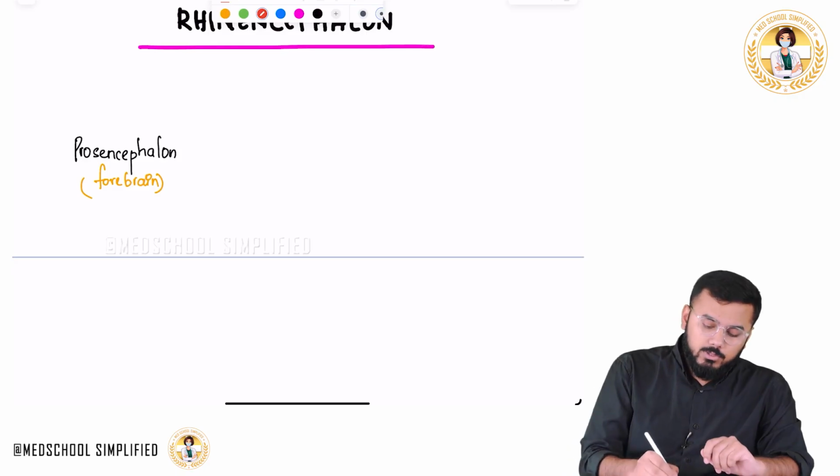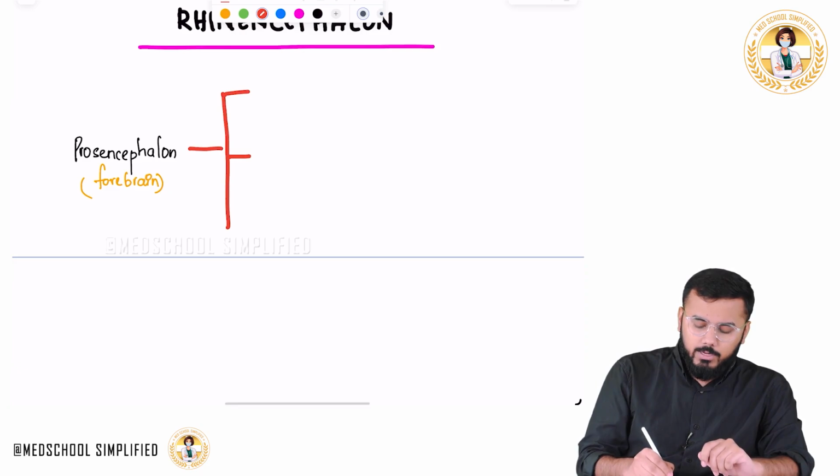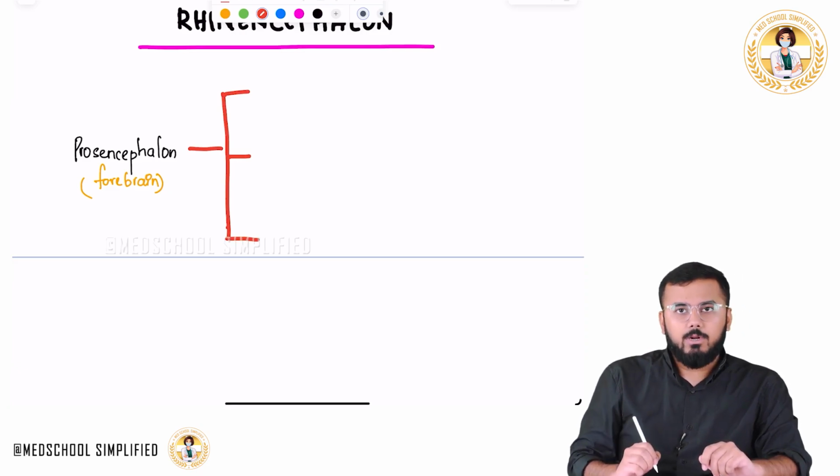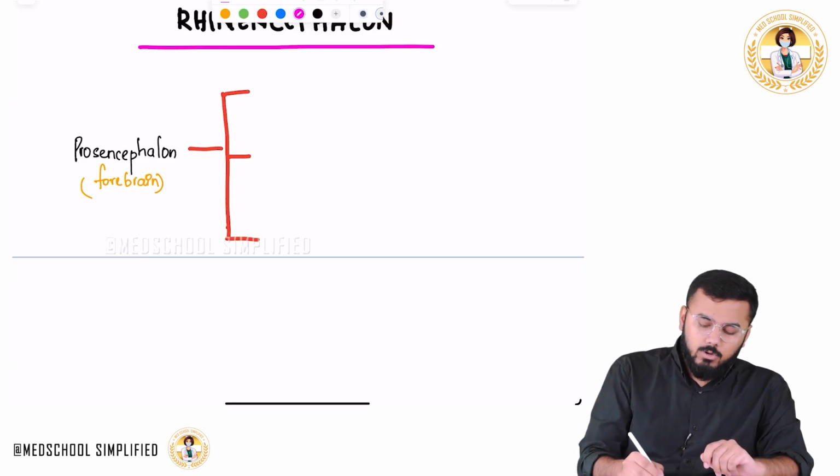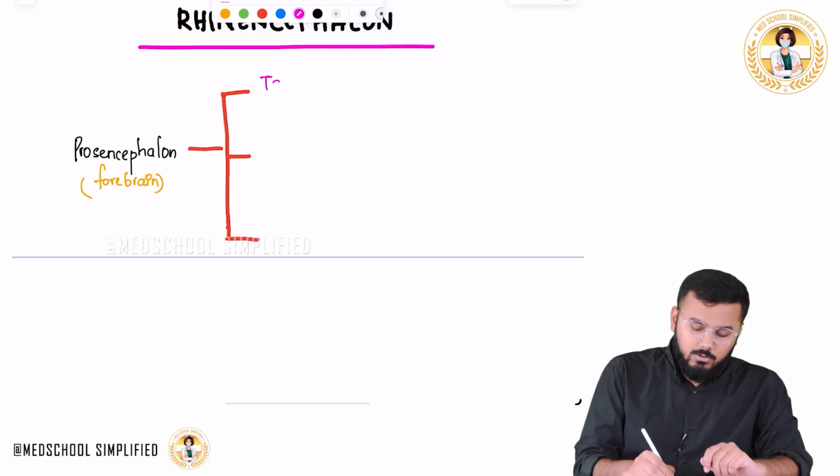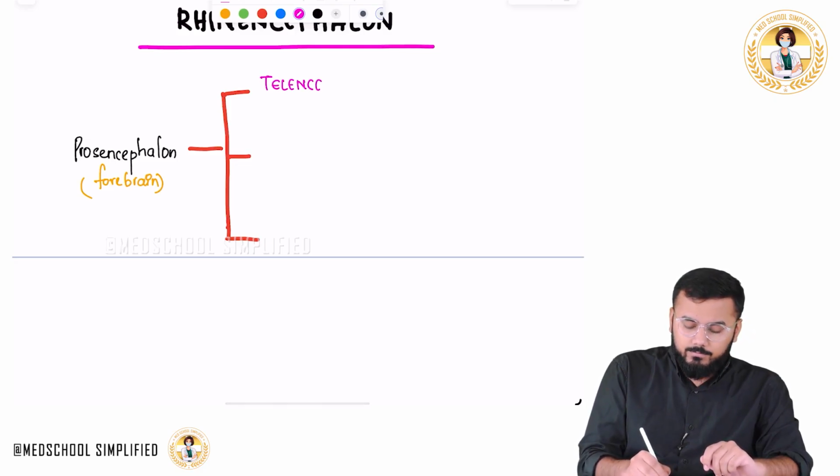This prosencephalon is divided into three different parts. What are those three parts? One is called the telencephalon.